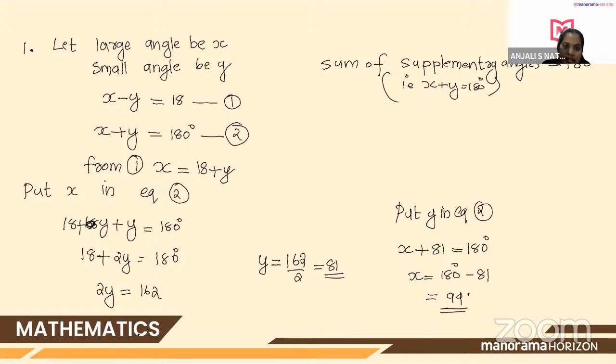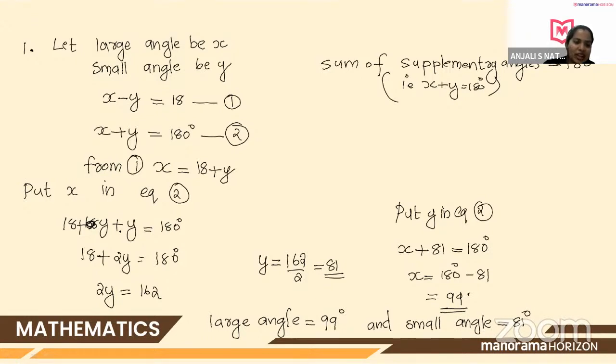So here the larger angle is equal to 99 degrees and the small angle is 81 degrees. Okay, clear? Good, Aparna, 81 and 99. Okay, Sandevi, good. So, next question.